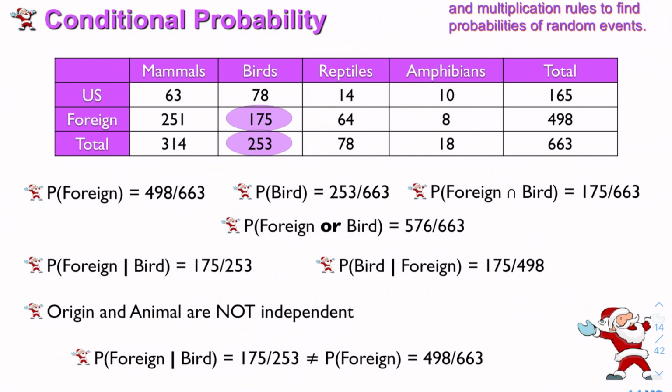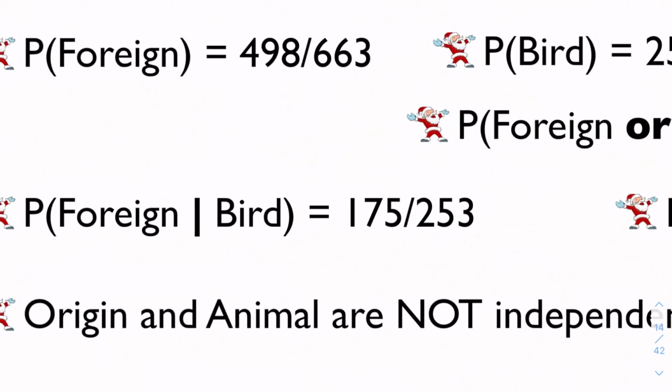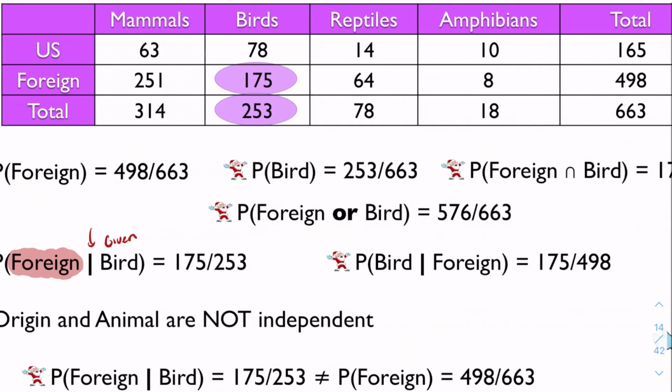Lastly, if we're applying our conditional probability, again, we know probability of foreign, bird, we know foreign and bird, we know foreign or bird. What's the probability that they are foreign given they're a bird? Or what's the probability that they are a bird given they're foreign?